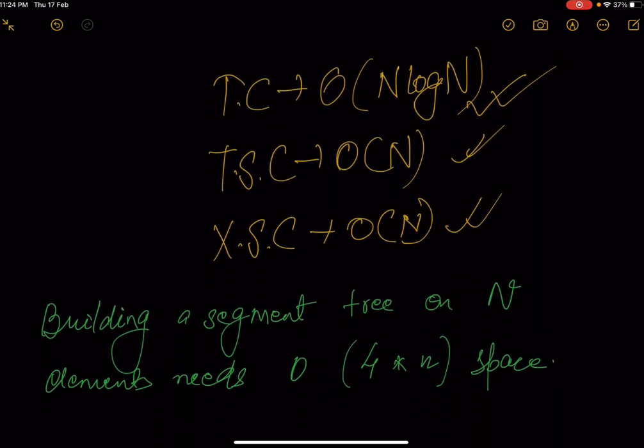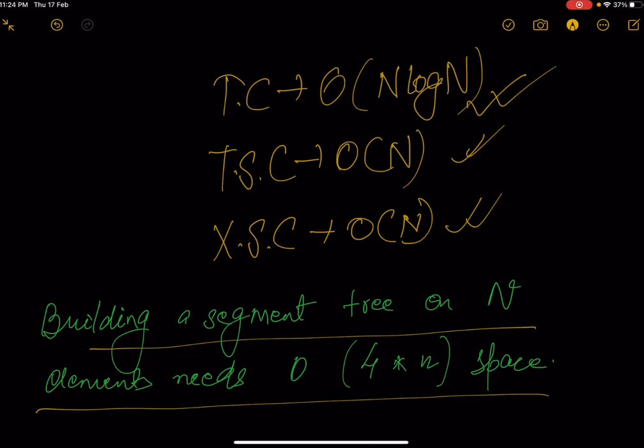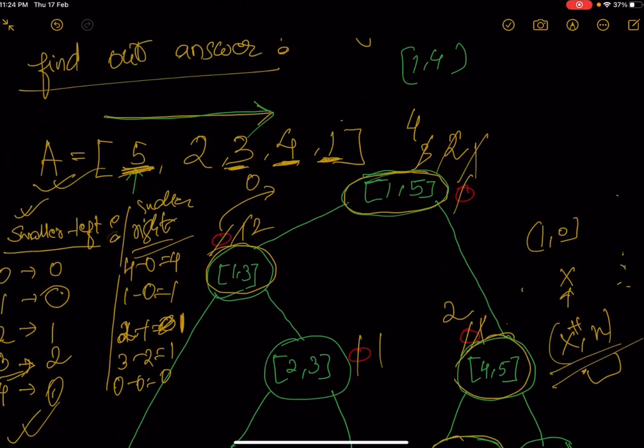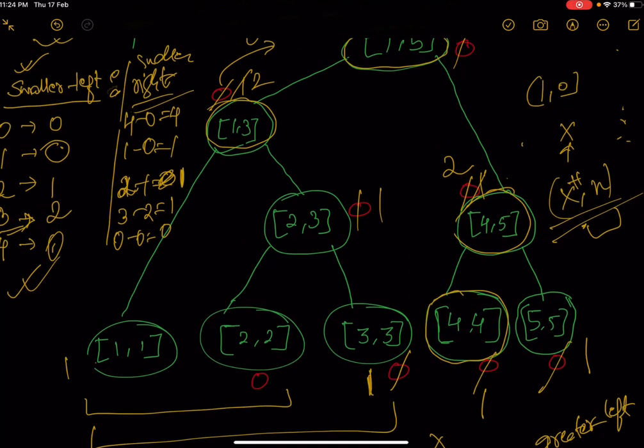One important thing is that whenever you build a segment tree on n elements, you basically require order of 4 times n space. You can say it's order of n, but actually it's order of 4n, because you need 4 times the size of the array. For example, here the number of elements is 5, but if you count how many nodes there are, 1 2 3 4 5 6 7 8 9.